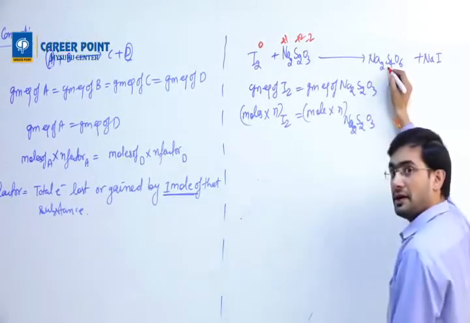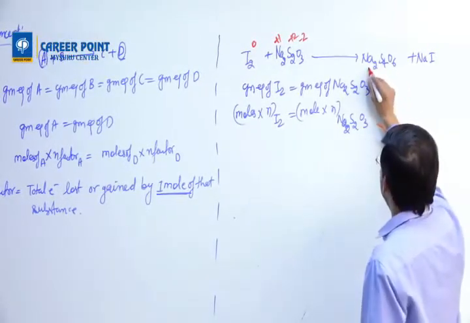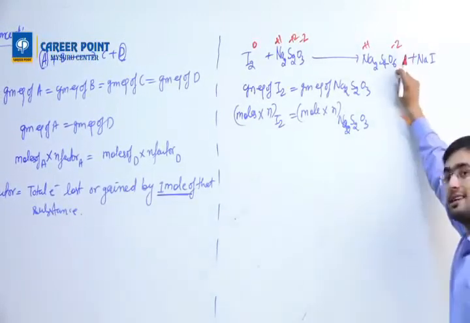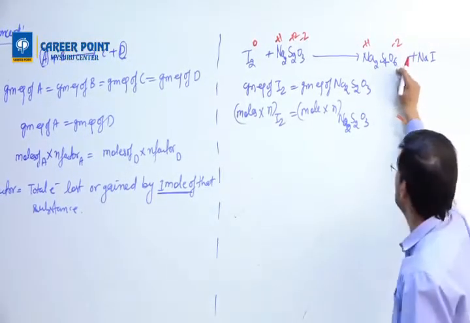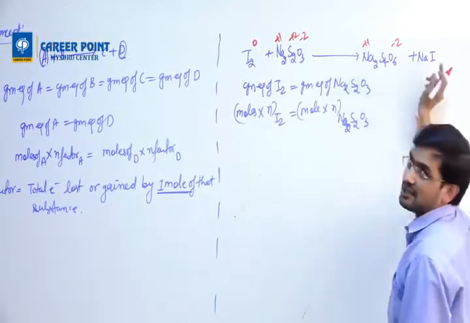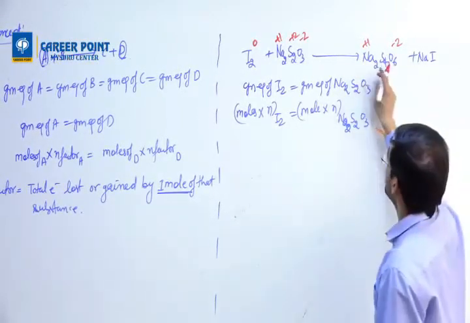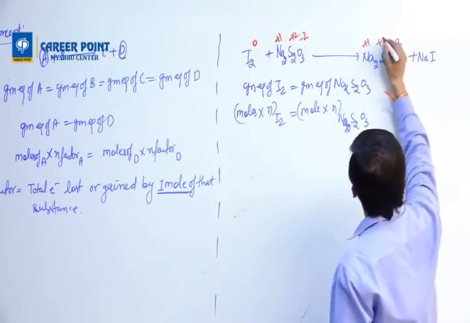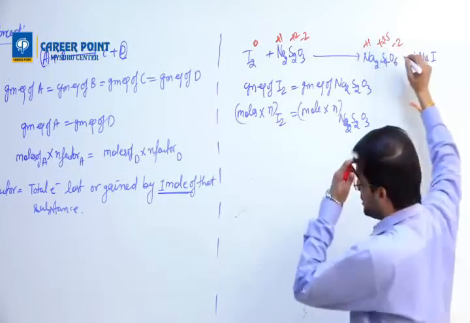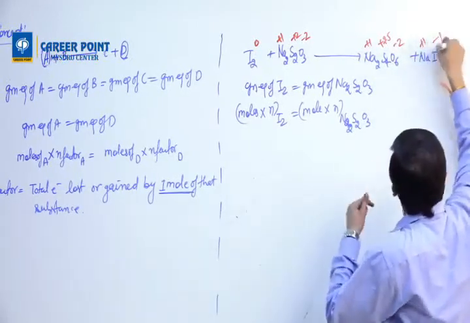Then you should do it here. Na plus 1, oxygen minus 2, minus 2 times 6 is minus 12, minus 12 plus 2 is minus 10, goes to that side, plus 10 by 4. So we get plus 2.5. This is called fractional oxidation state. Plus 1, minus 1.